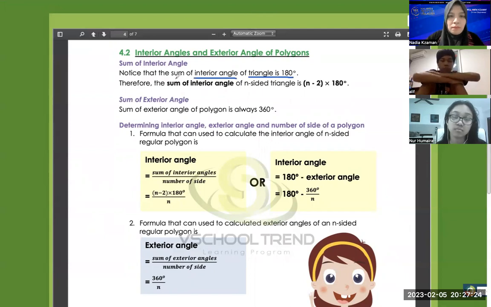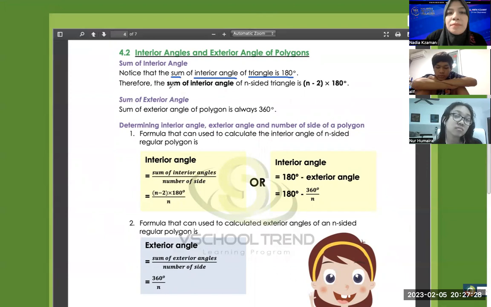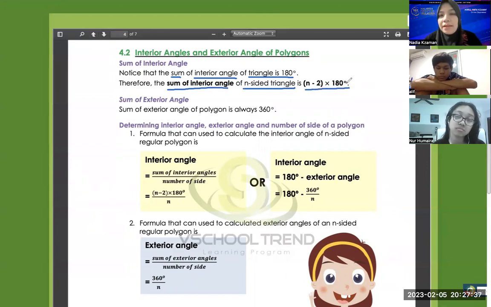Interior angle. Then, in terms of sum of the interior angle of an n-sided polygon, it is n minus 2 times 180 degrees. Okay, this is notes that you need to be aware of.